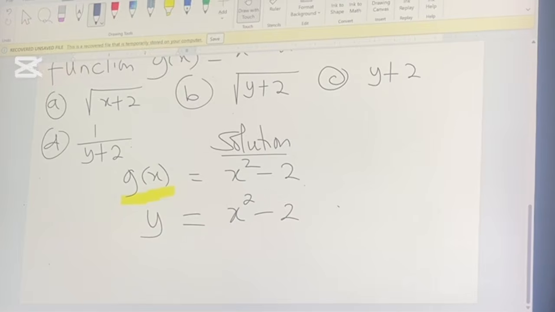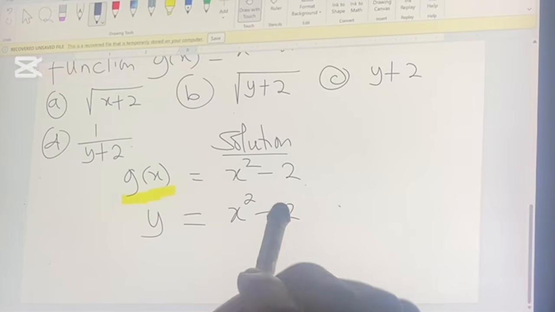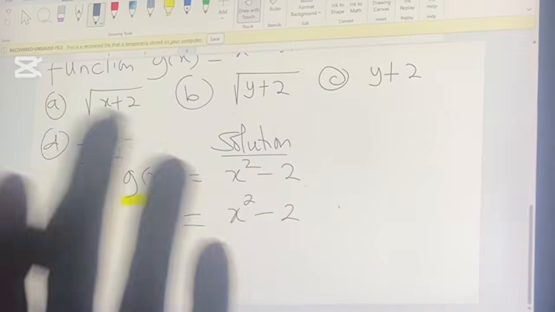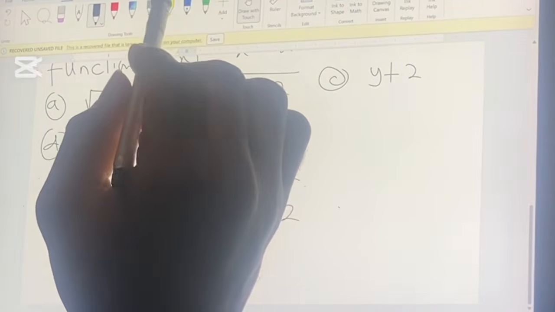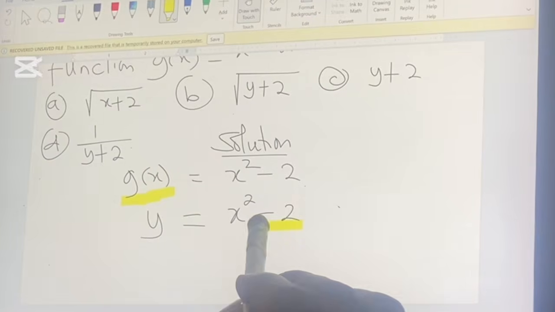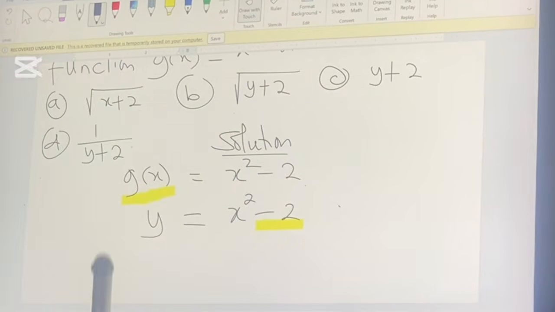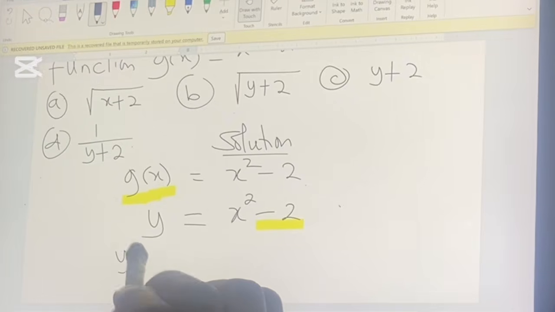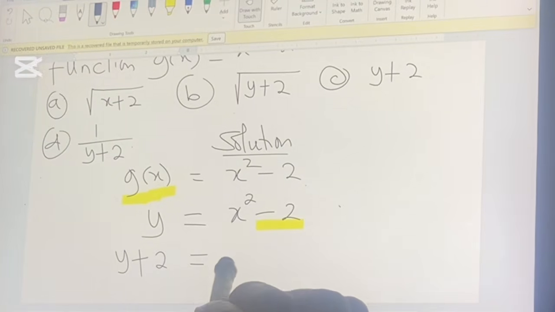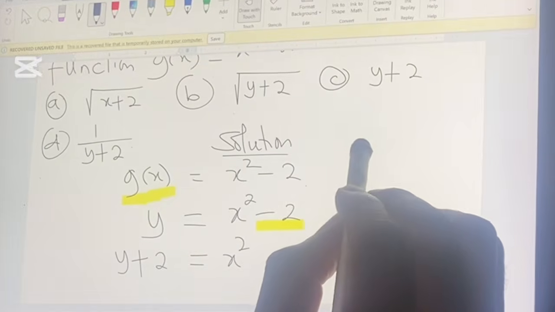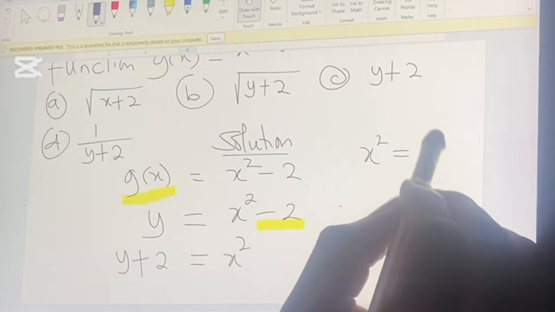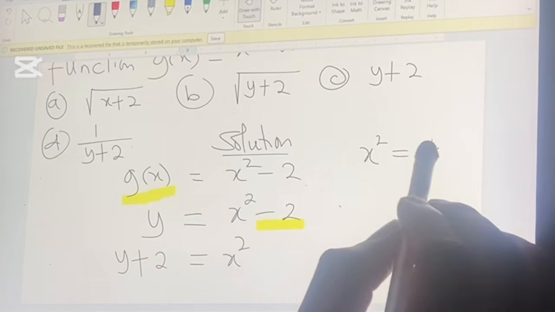So the next step here is to make letter s the subject letter. So I'll have to take items here. When you take items here, I will take anything that's not of s to be in one place. Please take note. I will take minus 2 from right hand side to left hand side, please take note. I will have y plus 2 is equal to s squared. So class, if I have something like this in mathematics, s squared is equal to 4, of course, you will take the square root of both sides, okay?